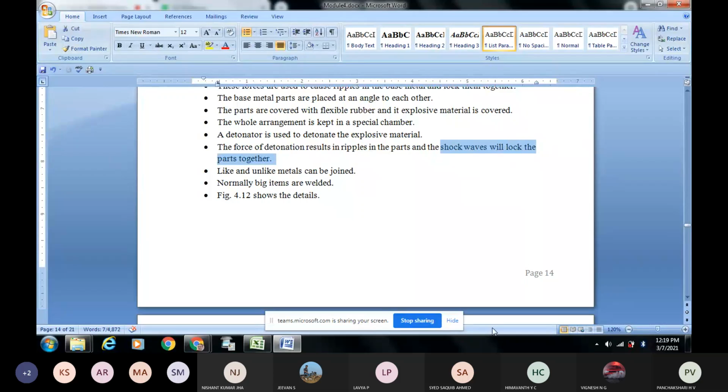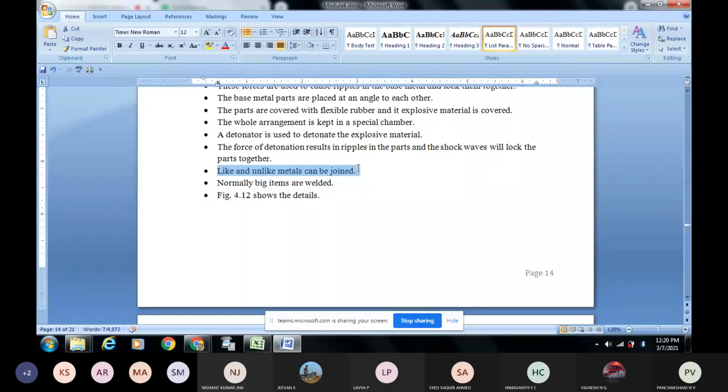Sudden shock, high-intensity sudden waves. Shock waves are responsible for locking the two parts. Like and unlike metals can be joined. This is a very important characteristic. So it can be used for joining dissimilar metals.